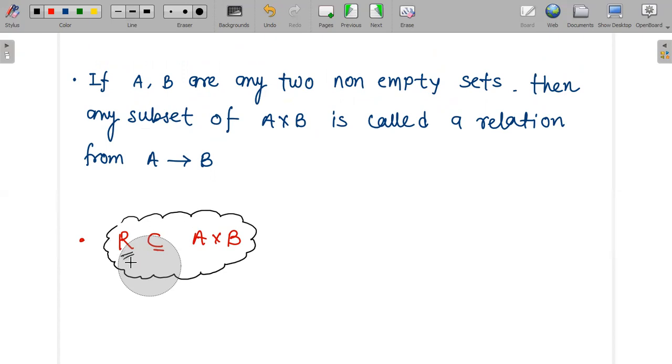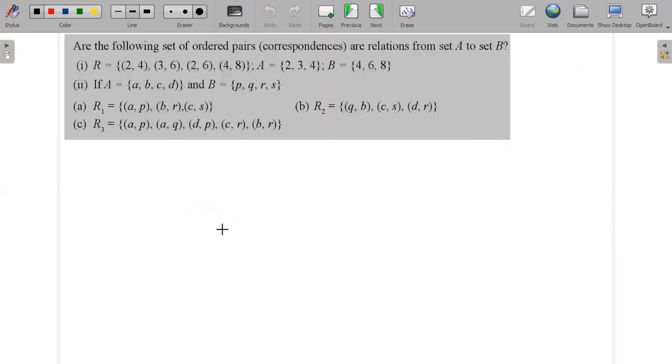But in case of minimizing, the empty set will be your response. So your relation R will be a subset or equal set of A cross B, depending upon the way elements are associated with each other. But remember, the first element should come from the first set, and the second should come from set B, the second set.